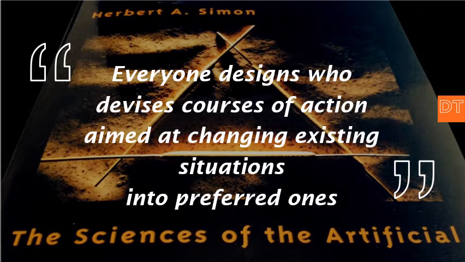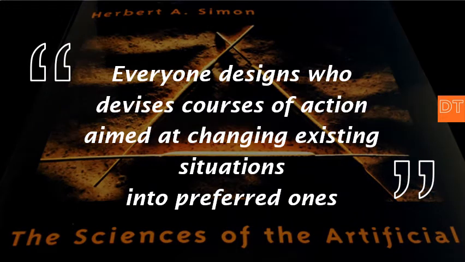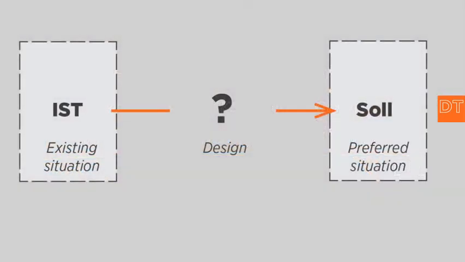Probably the shortest and most concise definition ever given on design is from Nobel Prize winner Herbert Simon. He said, everyone designs who devises courses of action aimed to change an existing situation into a more preferred one. Now, in order to explain a little bit what he meant, I made it visual.